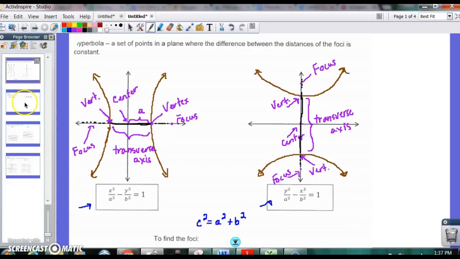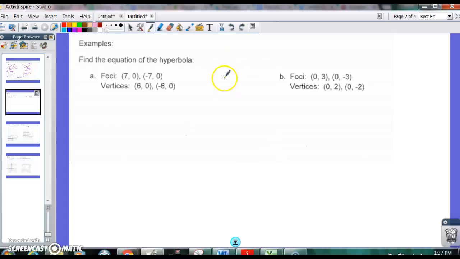So let's do a couple of examples. The first one says to find the equation of the hyperbola, and all they gave you were the foci and the vertices. The foci are at (7, 0) and (-7, 0), so they're here and here, and the vertices are here and here. So it's easy to tell that your transverse axis is horizontal because your foci and vertices are always on that transverse axis.